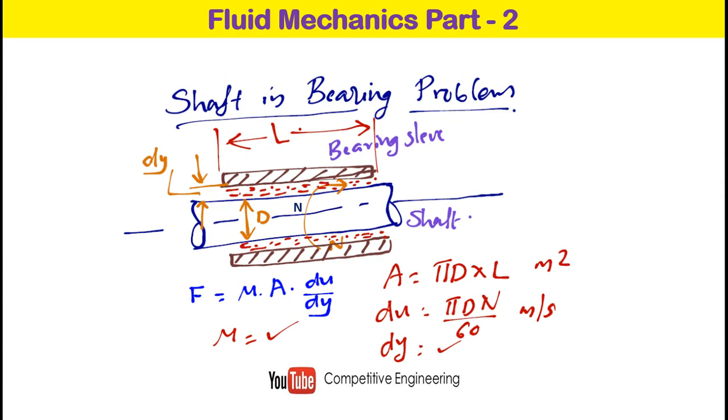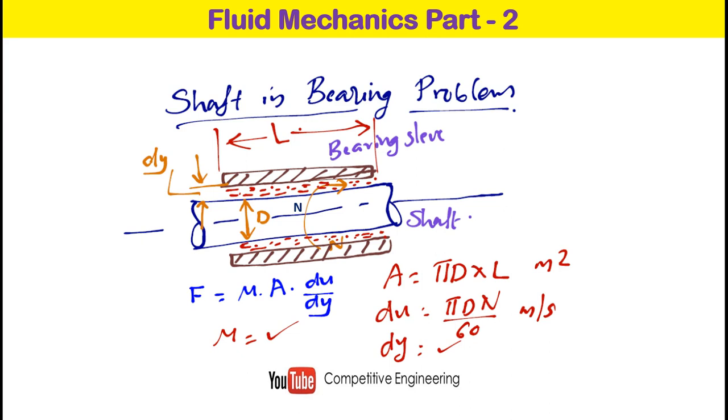Next dy, the thickness of the fluid film or the lubricant film, will be given in the question, the clearance space. In some questions the shaft diameter and the sleeve diameter will be given, so dy is the difference between them divided by 2.